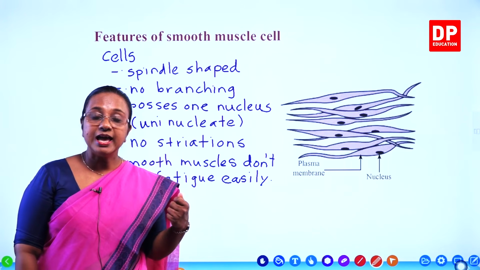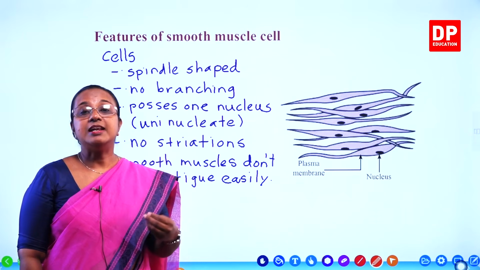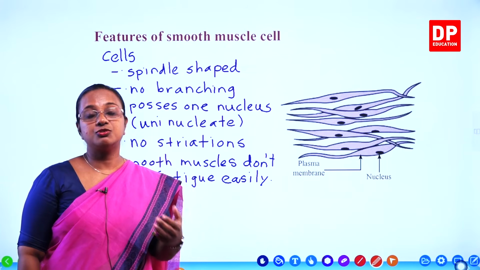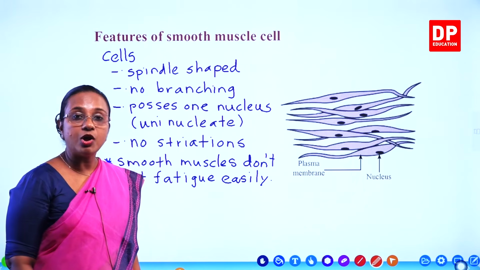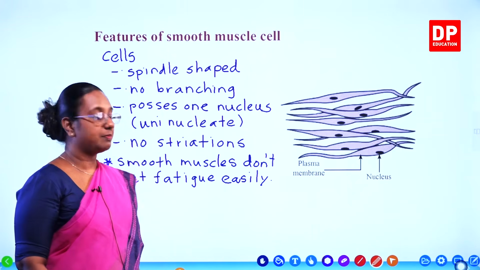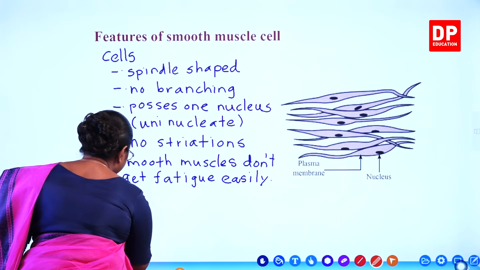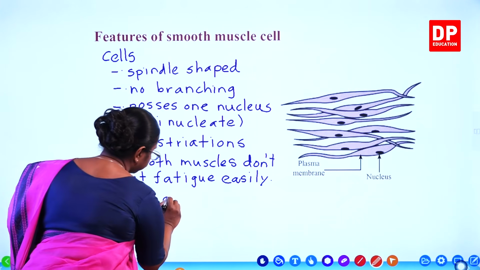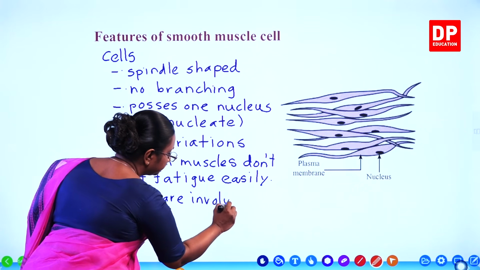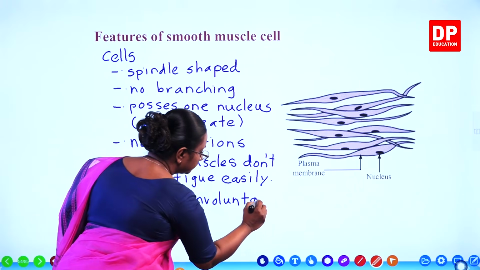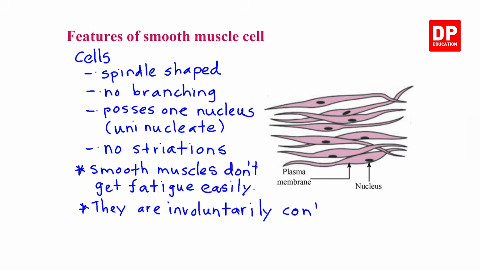But to move a hand or to talk, you have to think and do. That is a voluntarily controlled action. Smooth muscles are involuntarily controlled muscles.